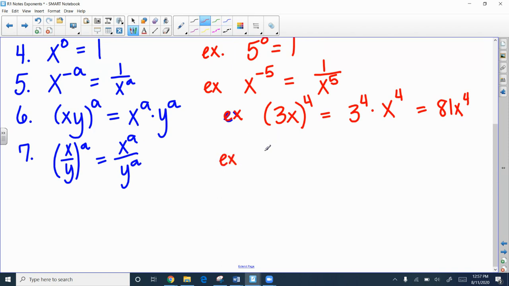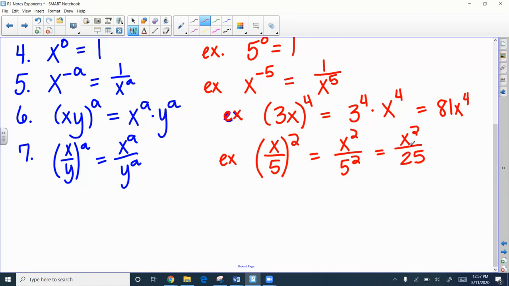So for example, if we have x over 5 to the 2nd power, I can raise everything in the parentheses to the 2nd power. So I'd have x to the 2nd power over 5 to the 2nd power. You could leave it like this in exponential form, or since we can evaluate this base since it's a number, that'd be x squared over 25.